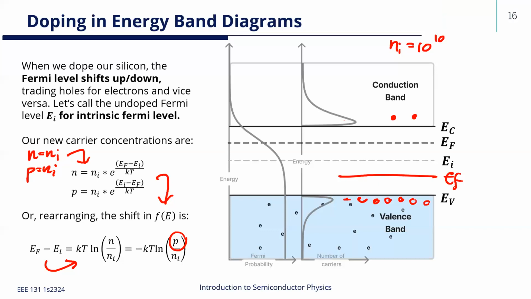Sige po. Tas may Pi din po ba, sir? Or same Ni lang talaga? Essentially, yes. You can think of it as Pi as well, yes. Intrinsic hole concentration, same. Sige, sir. Thank you, sir. All right. So, yeah. That's the Fermi level, it's something that the carriers want to be really close to, is what it is. No?